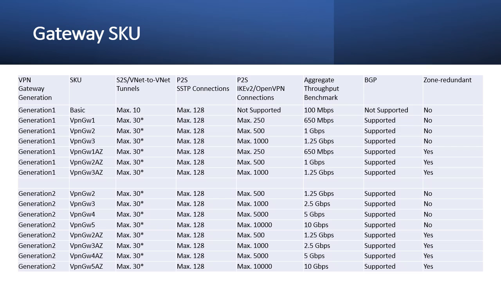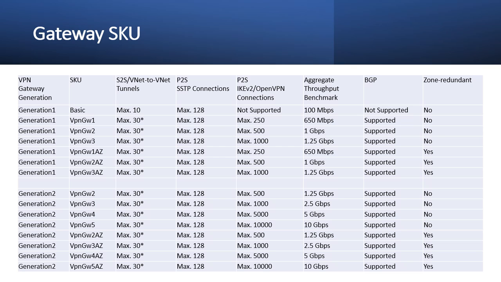Then there are the AZ generation SKUs, like VPN GW1 AZ, where you can deploy your virtual network gateway into an availability zone for higher availability and make it fault tolerant.